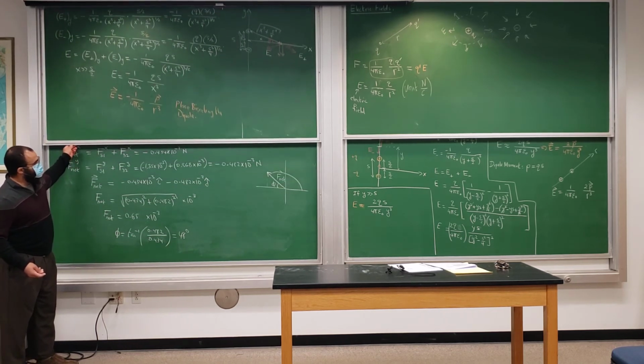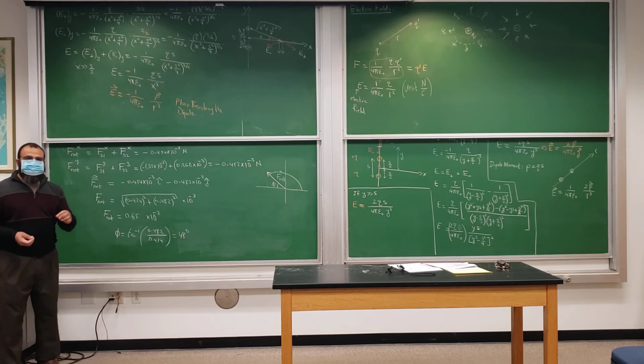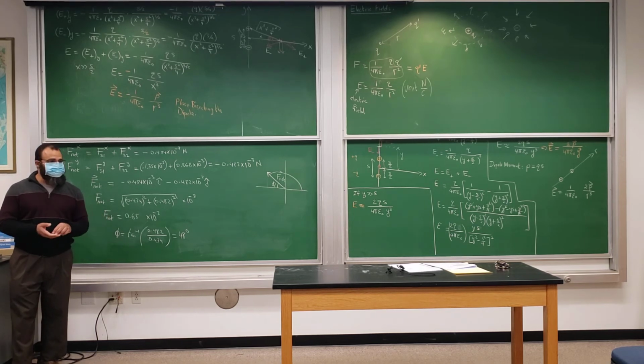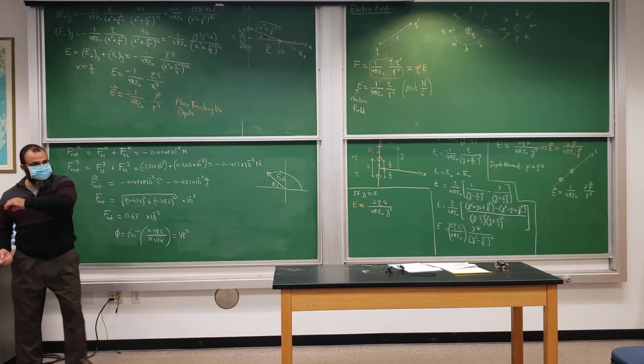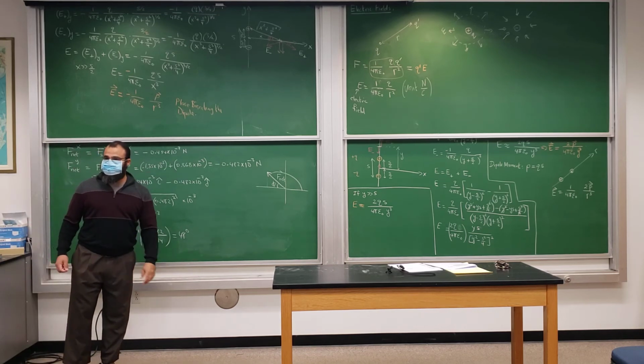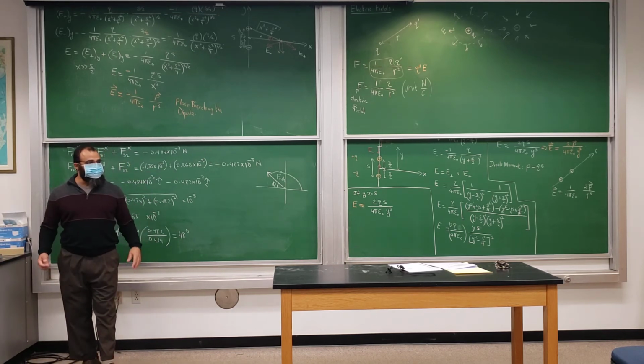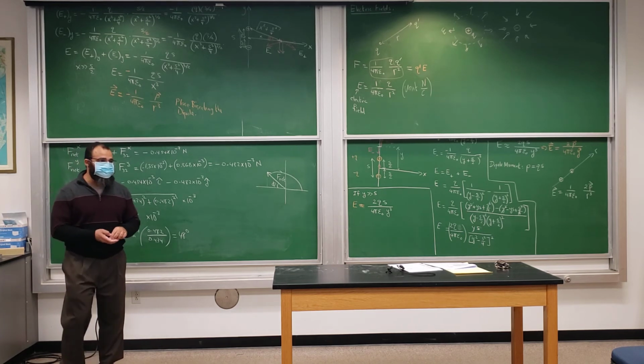Okay, so now charge distributions. What if you have a continuous charge density? I mean, a continuous charge distribution. You don't just have a Q here, and a Q there, and a Q over there. What if I have just a line of charge, or a surface of charge, or a disk of charge, or a ring of charge, or whatever? How do I deal with that?